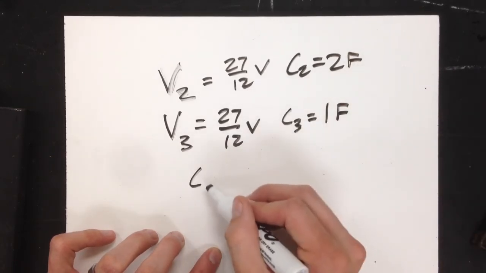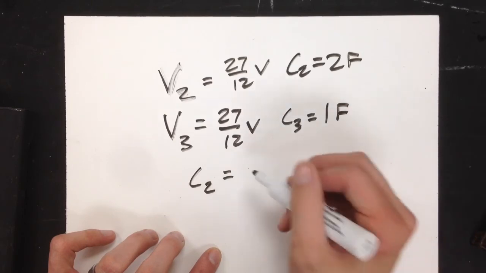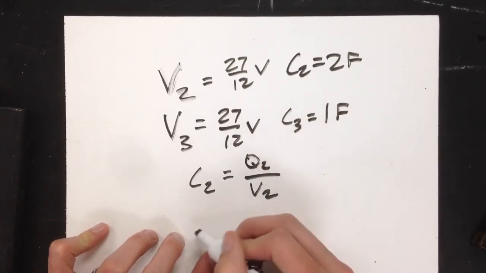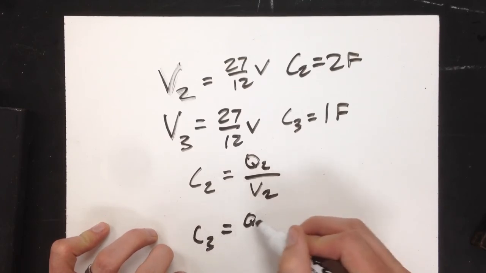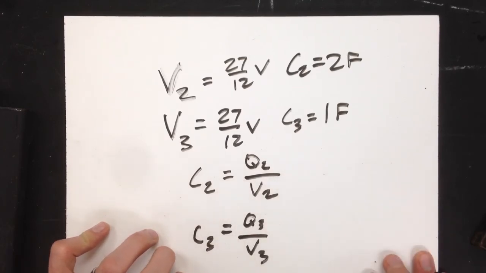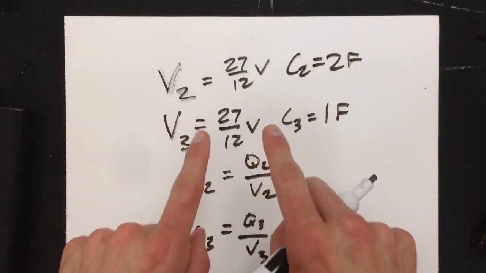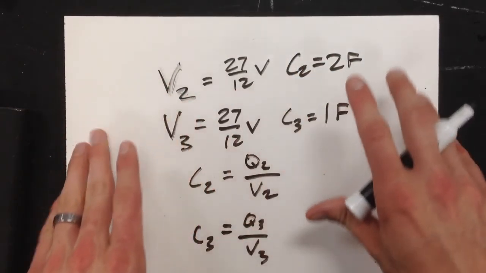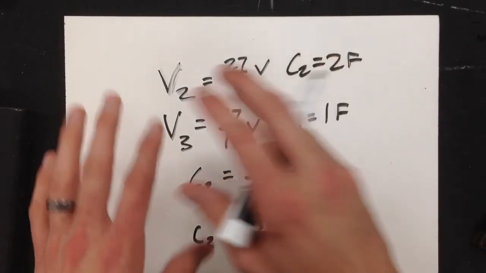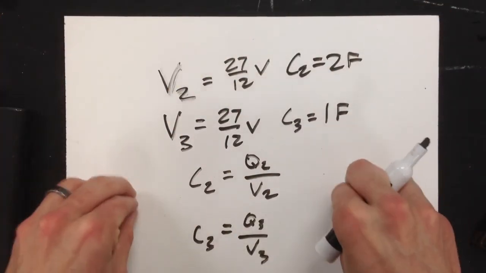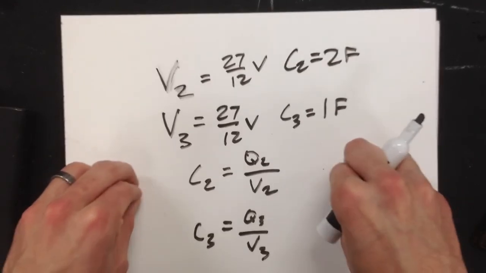Now I can use C2 equals Q2 over V2, and C3 equals Q3 over V3. So you start and get the capacitor circuit down to just one capacitor. Then you work backwards out, looking at what's in series and looking at what's in parallel. That's how you attack capacitor circuit problems.